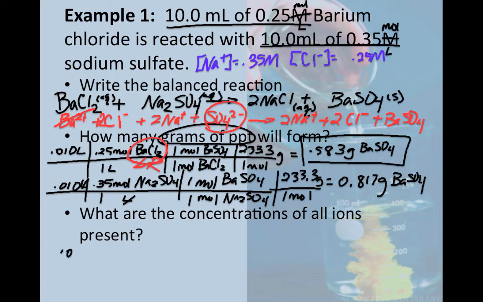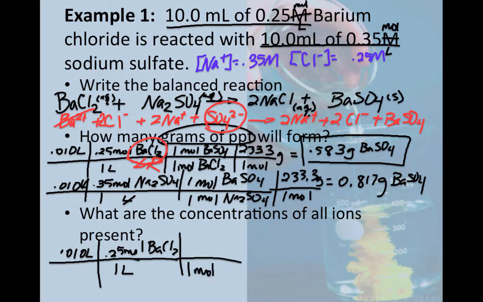So that was 0.010 liters times 0.25 moles per liter for barium chloride. And for every 1 barium chloride, I got 1 mole of sodium sulfate.